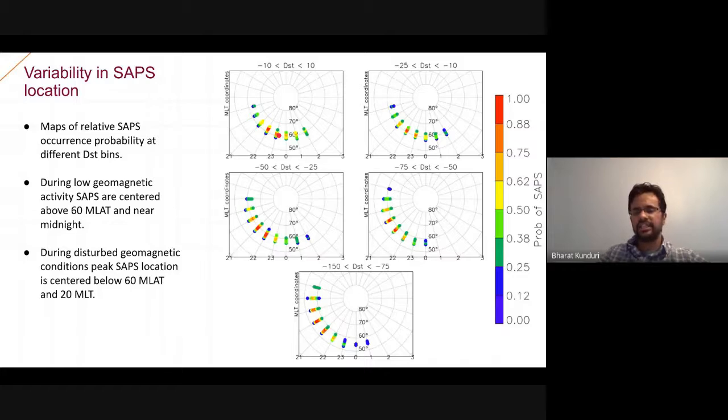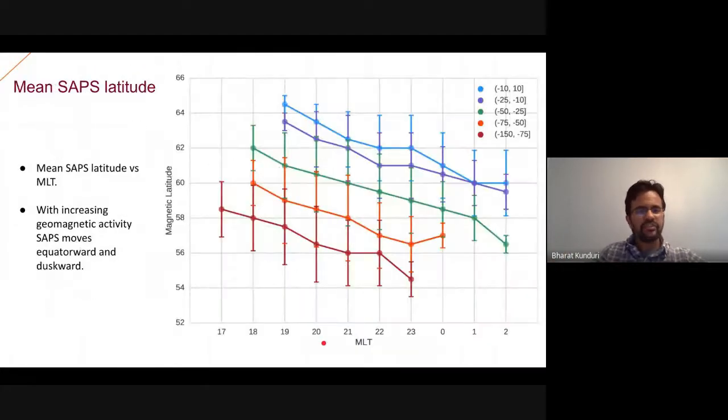One thing that can be observed in this plot is that as the geomagnetic activity level increases, the most likely location of seeing SAPS moves more equatorward and rotates more duskward. That feature becomes even more evident when we make a plot of mean SAPS latitude versus MLT, which is shown in this slide.